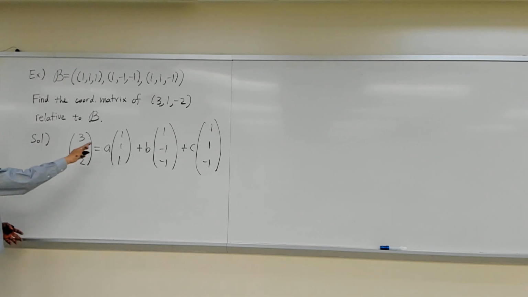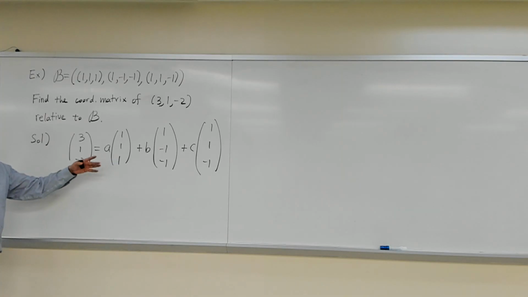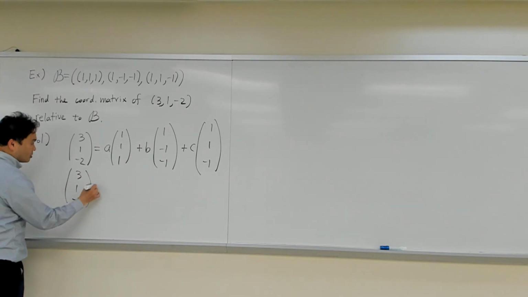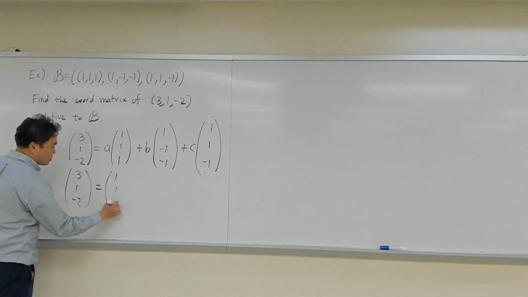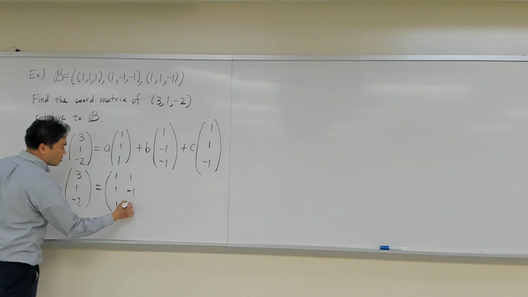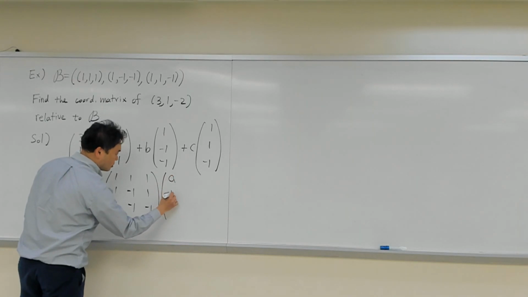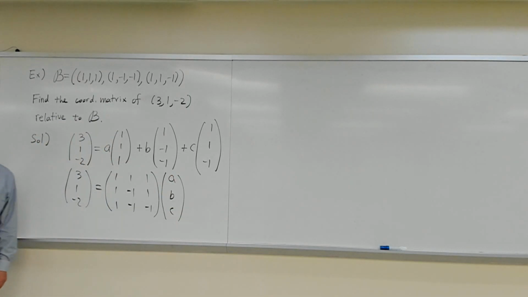although you can write this down as what we did previously, I want to show you something else that you did in a previous class. So you can rewrite this as a matrix times a vector.